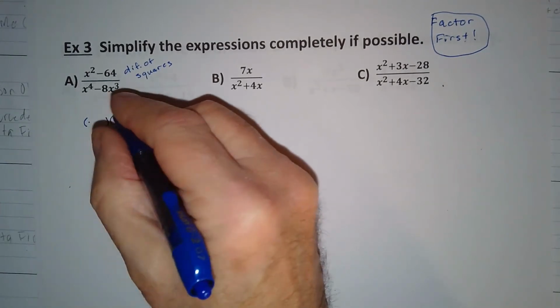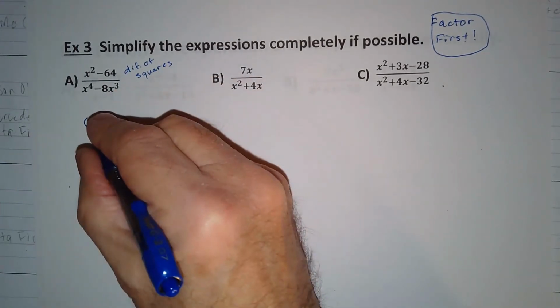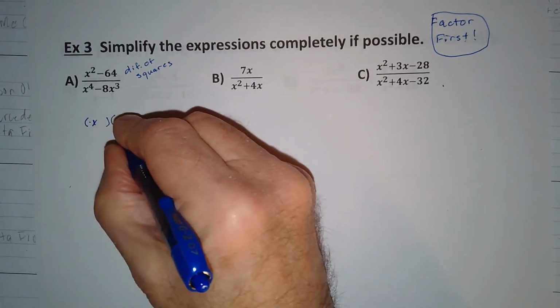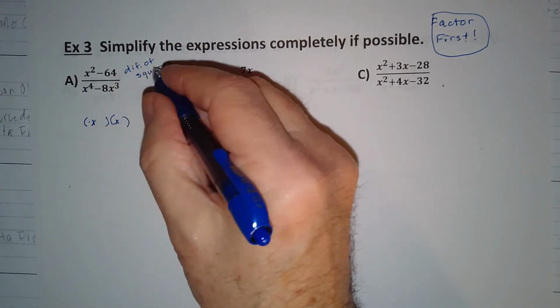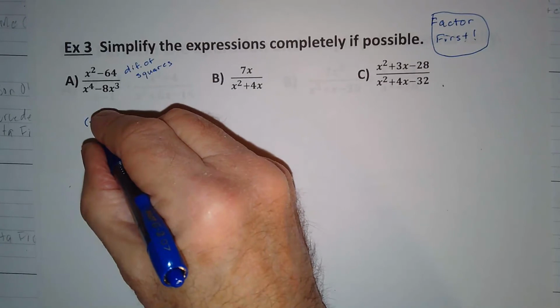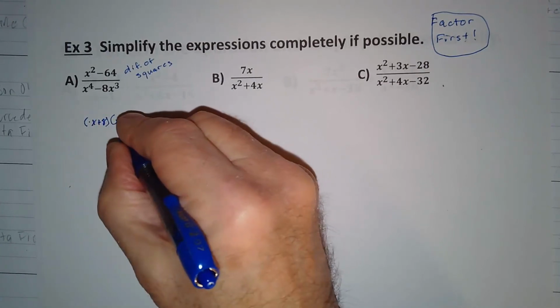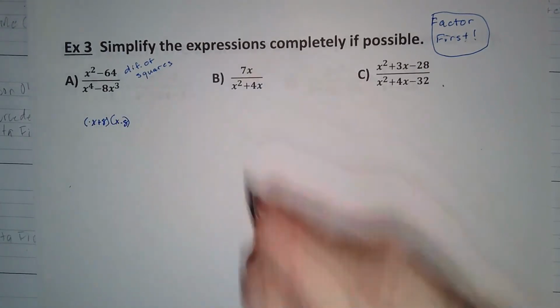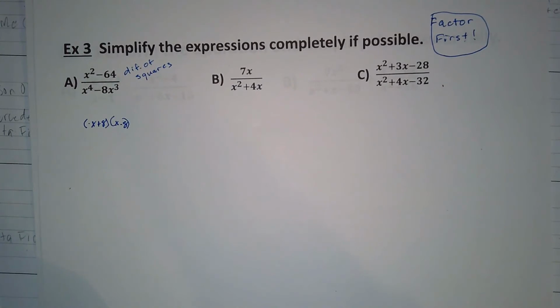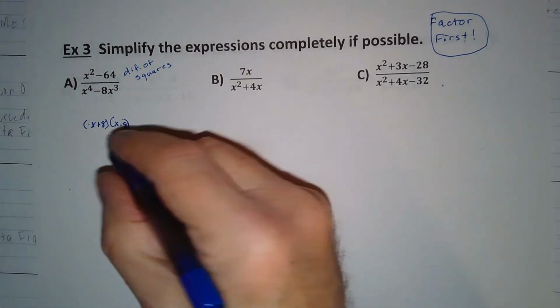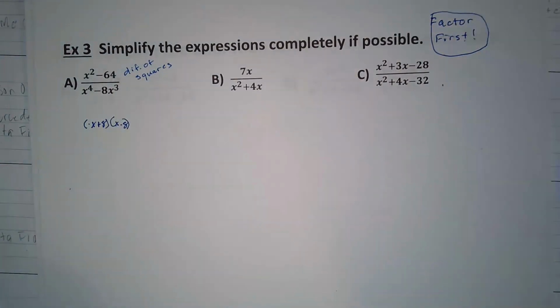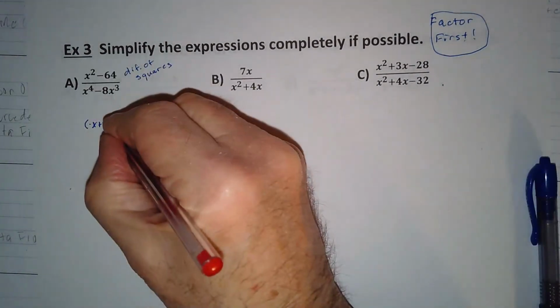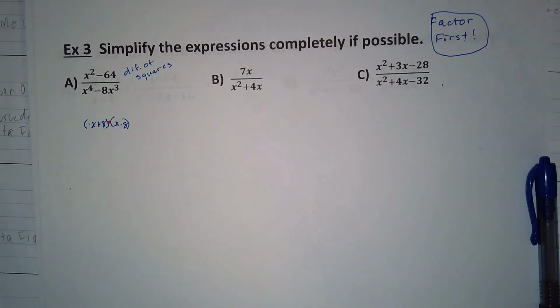So we've got x in the numerator, and then we have plus or minus 8. So plus 8 minus 8. All right. And then these are factors now. They're actually multiplied together, if you can see that. So that's what you want in the numerator.